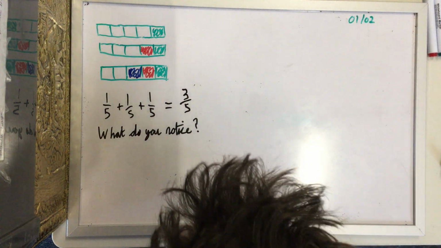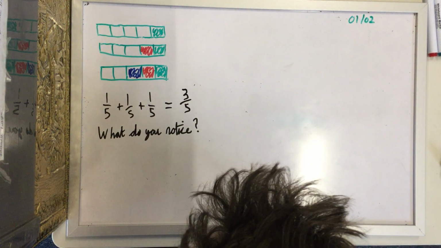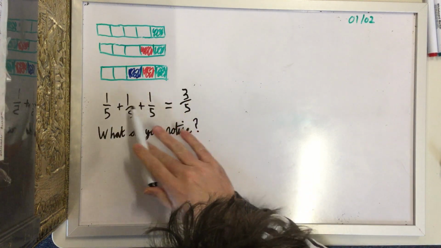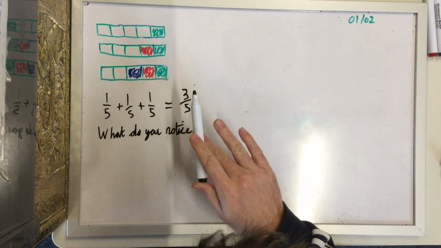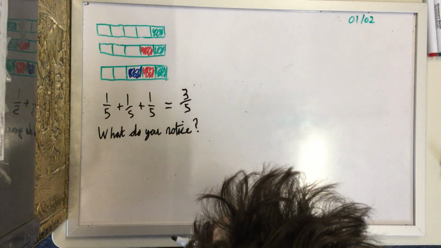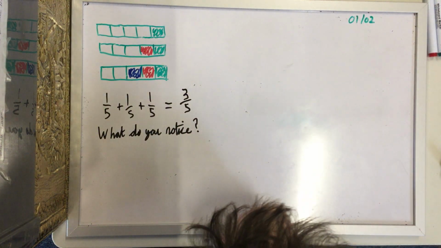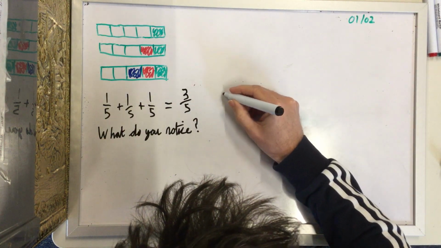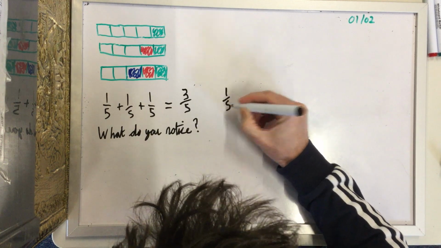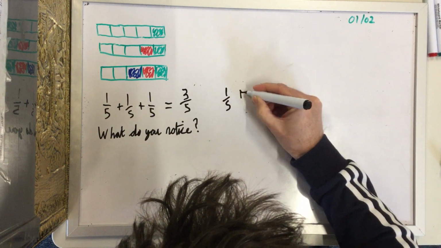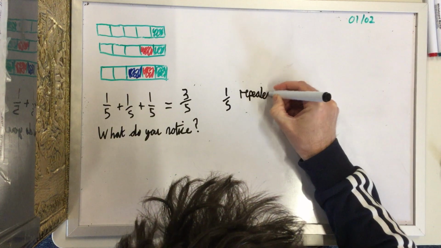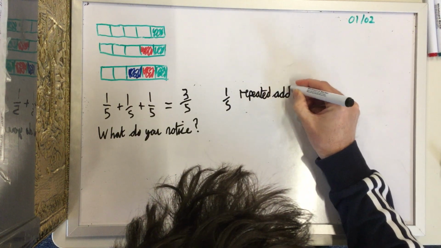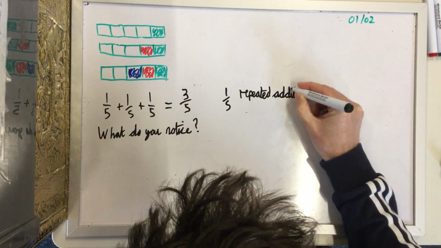Okay, and I just want you to have a think about how else we could write that. What do you notice about these 3/5, or 1/5, add 1/5, add 1/5, and 3/5? You can have a pause, have a little think if you like, but I shall move on. What we've actually got is 1/5 repeated 3 times, or repeated addition 3 times.